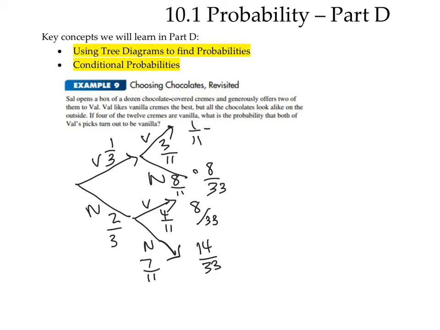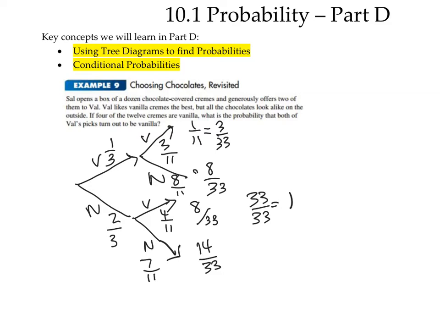If I get a common denominator up here, 1/11 is 3 33rds. So my total probability of all of the ends, 8 33rds and 8 33rds is 16 33rds, plus 14 33rds is 30 33rds, plus 3 33rds. They add up to 33 33rds, which is 1, as any good probability function must do.